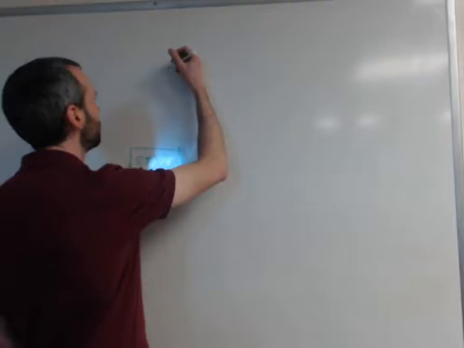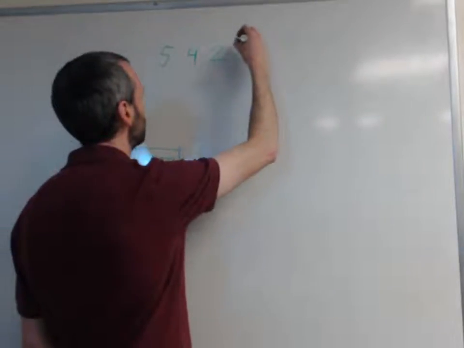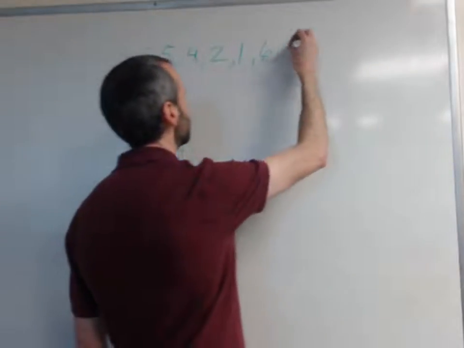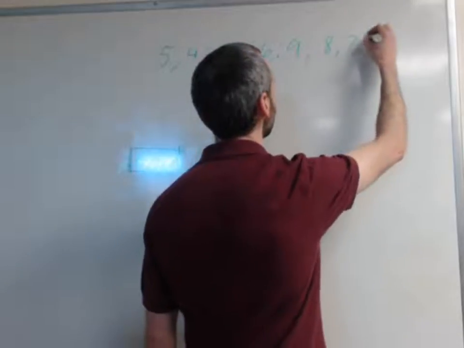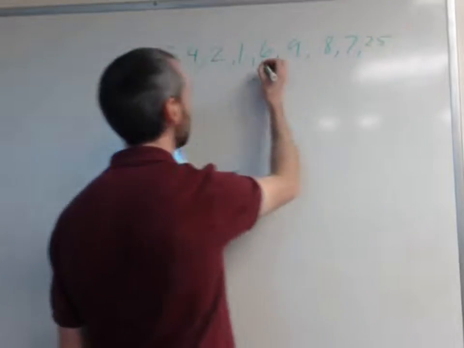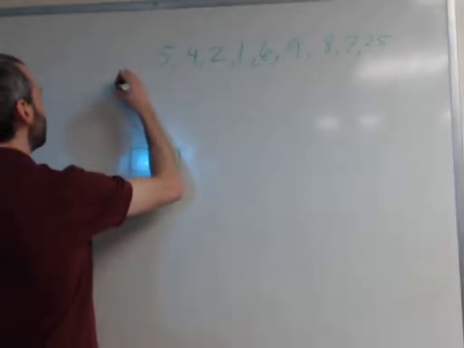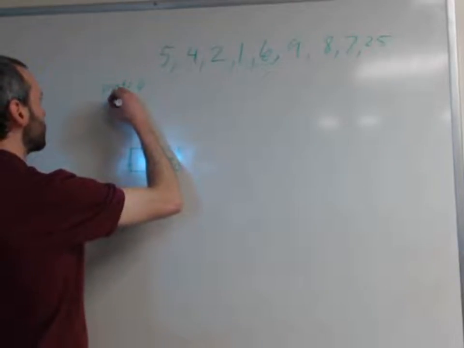All right. So I'll go 5, 4, 2, 1, 6, 9, 8, 2, 5, 7, 2, 5. All right. 6 is the pivot. Everyone okay? We've already chosen 6 to be the pivot. The small index.